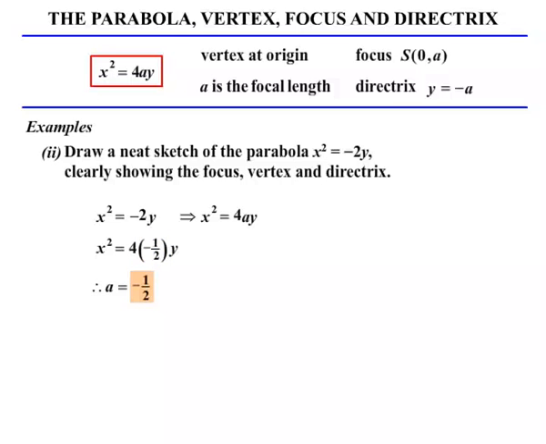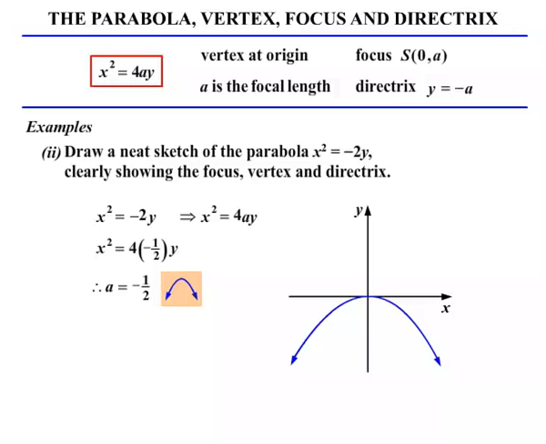And as soon as a is negative, you'll find that it's concave down, an upside down graph. It again is going through the origin, that's its vertex. Now a is minus a half. Don't worry about the minus now, we'll just think of half. Let's go down 1/2, and that will be the focus.